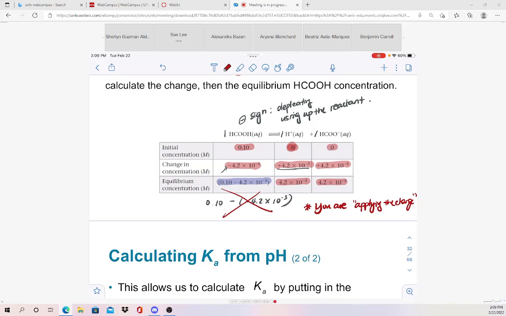So 1 mole of this acid is going to dissociate into 1 mole of proton and 1 mole of this conjugate base. Do you agree with that? Yes. So that's why if you have 1 mole of this and 1 mole of this, they're equal. So the equilibrium concentrations would also be equal. Correct. Okay, thank you.